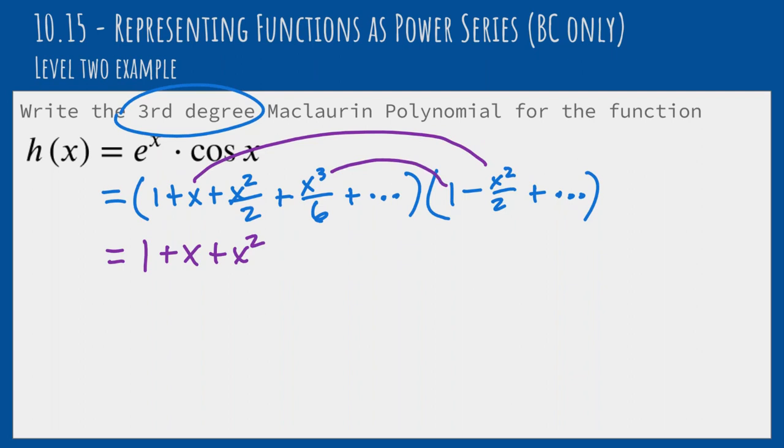So there's a few different ways we can get a third degree term. So we're going to have x squared over 2 times x is x cubed over 2, and then plus x cubed over 6. So that's going to be 2x cubed over 3.